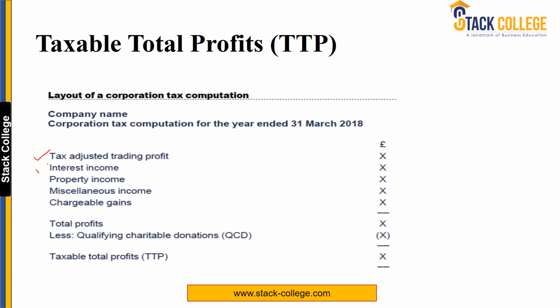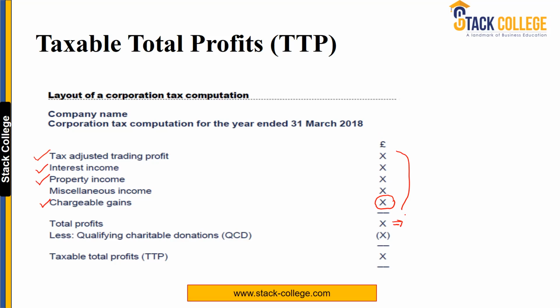Next is the interest income, as well as property income and chargeable gain. It's very important that the chargeable gain of the company is also part of this pro forma, while in the case of an individual, the income tax is separate from the chargeable gain tax computation. When we combine all the sources of income, we get the total profit of the corporation.